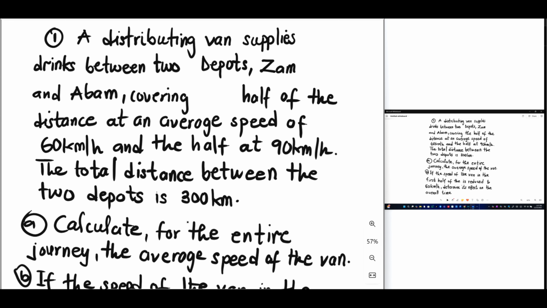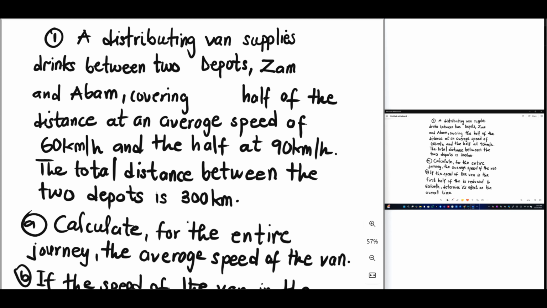So there is a distributive van that covers the distance between two depots, Azam and Abam. The first half, the van uses a speed of 60 kilometers per hour, and the other half, 90 kilometers per hour.